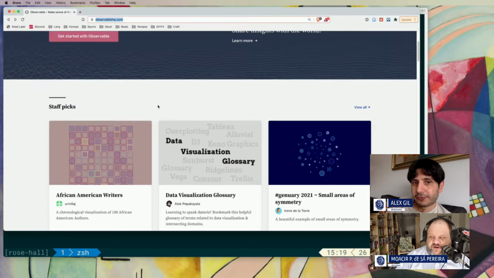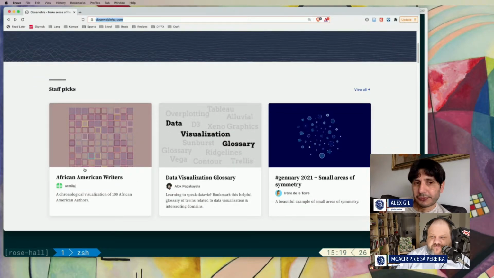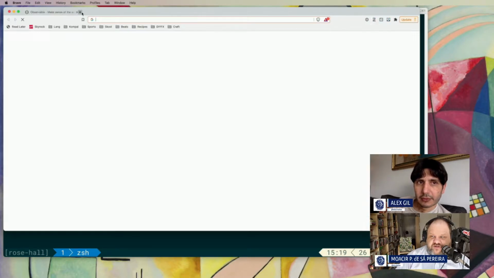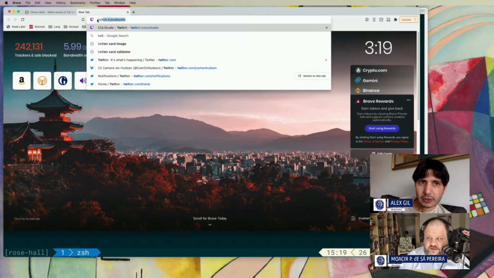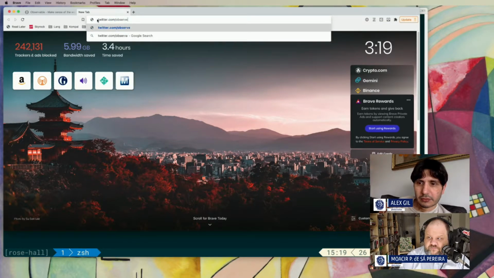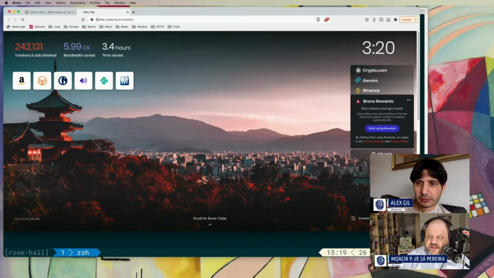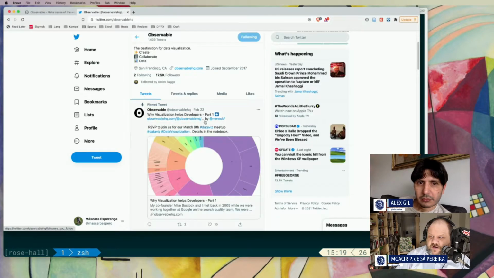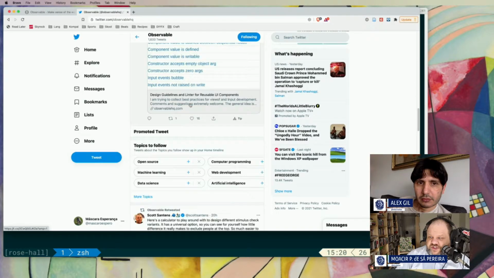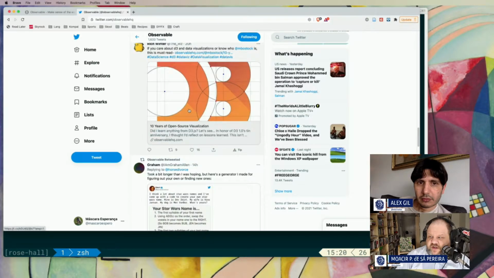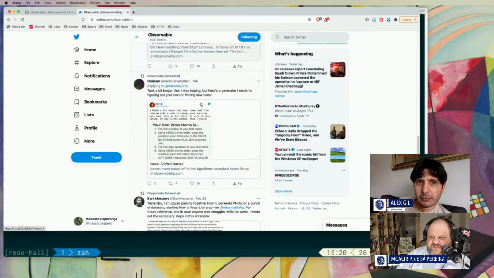I want to point out that this first staff pick here is about African American writers, and I wanted to shout out the fact that I missed this, I think, because of my other show. They had a live stream, I don't want to spend too much time hunting this down, but they've had these 10 years of open source visualization, a set of live streams.